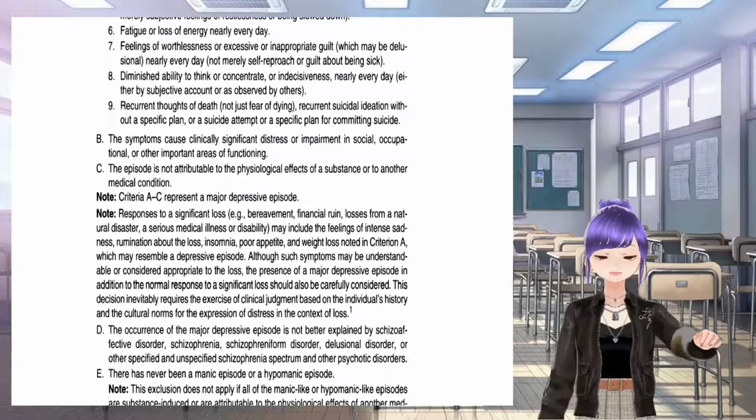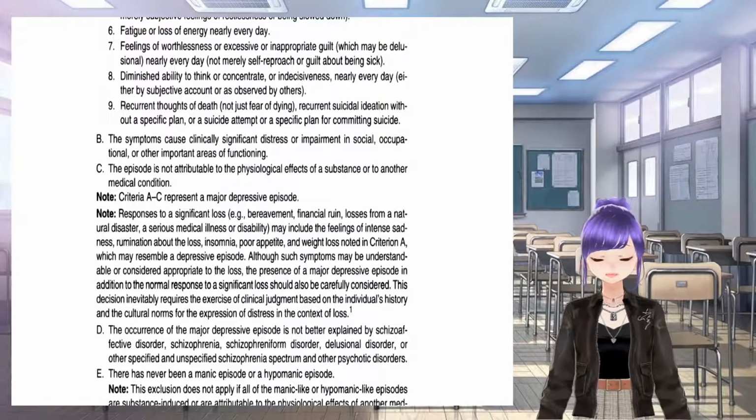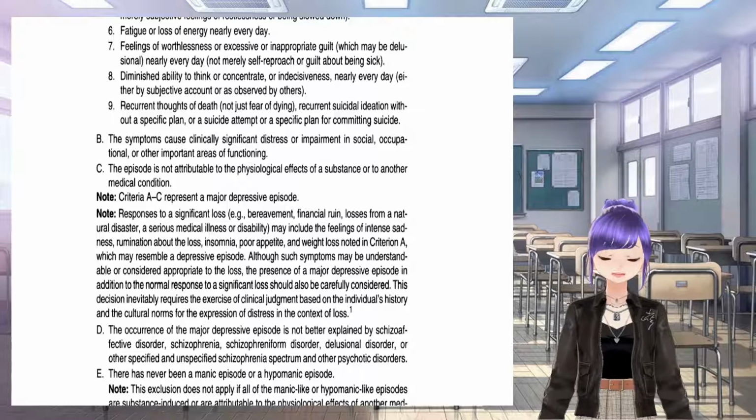So it's better to observe people who lost their loved ones because they are possible candidates for MDD. Before, they exempted people who responded to significant loss like bereavement, financial ruin, losses from a natural disaster, a serious medical illness, or disability. Before, they excluded that, but today they are possible candidates for depression.